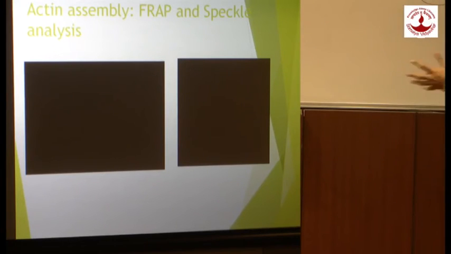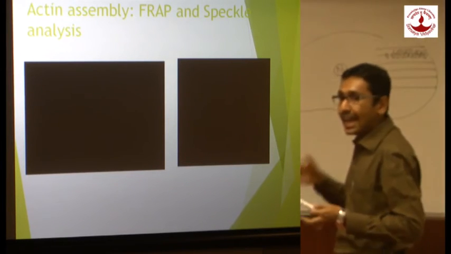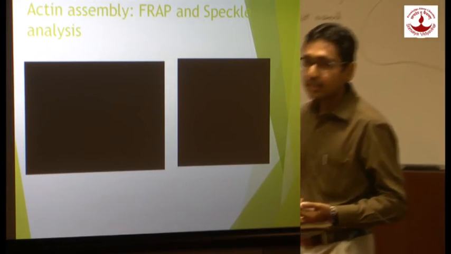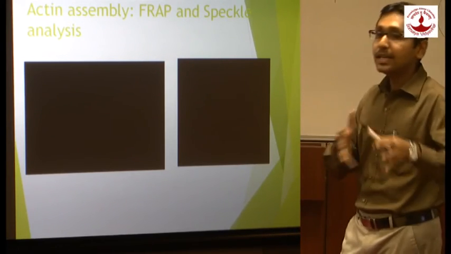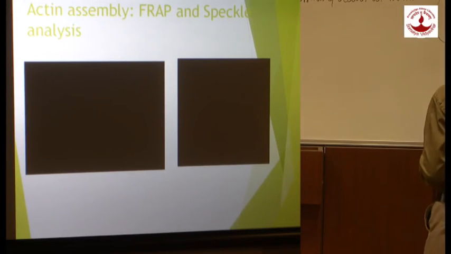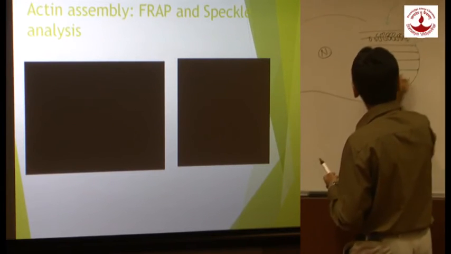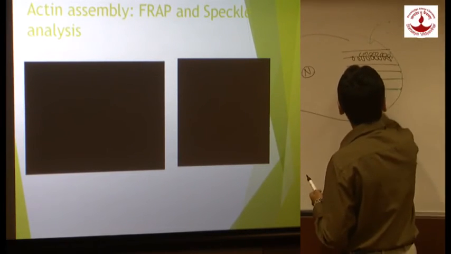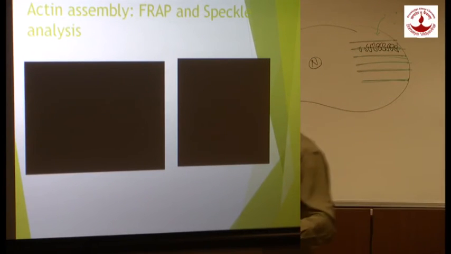You flood in a lot of fluorescently labeled actin molecules inside the cell and let it equilibrate, in the sense that all those fluorescently labeled actin should become part of the F-actin form, assembled. Soon you will find that the entire strands are fluorescing.